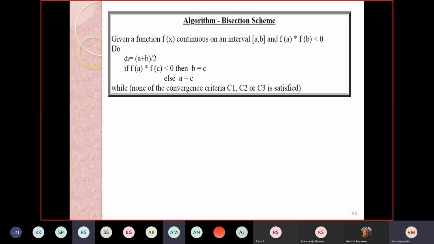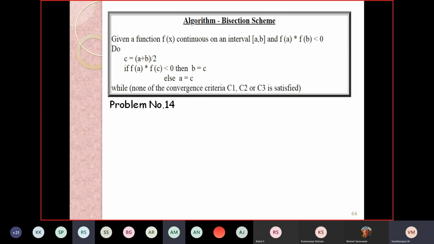If c is equal to (a plus b) by 2, and the product of f of a and f of c is lesser than 0, then consider b is equal to c, else consider a is equal to c. This is the way the bisection scheme works, and we'll solve one particular problem based on it so we can have an idea.